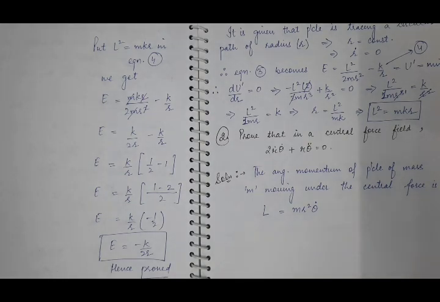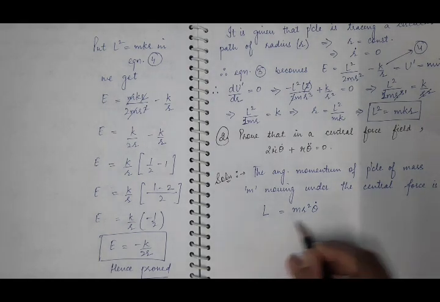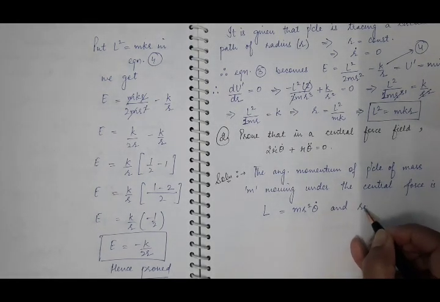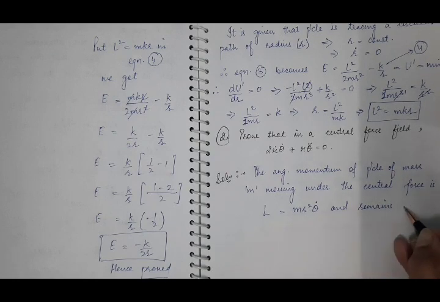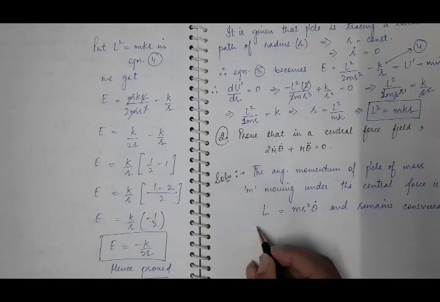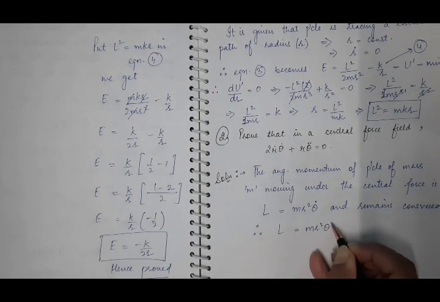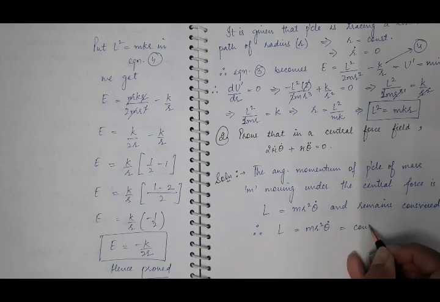And we have also proved one property of the central force, that is any particle which is moving under the effect of central force, its angular momentum remains conserved. Therefore, L is equal to m r square theta dot, it is equal to constant.